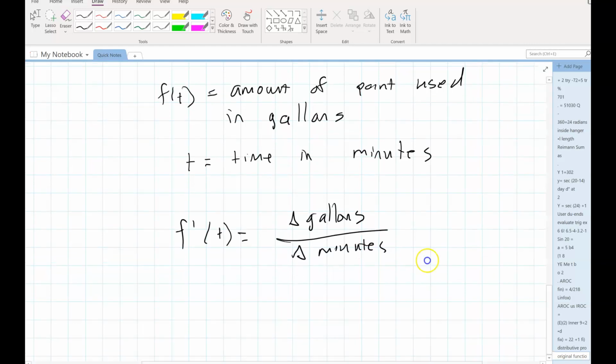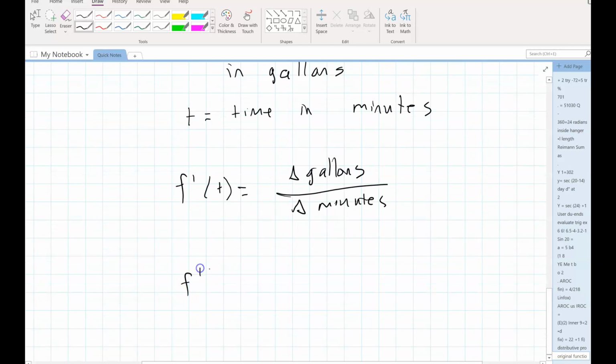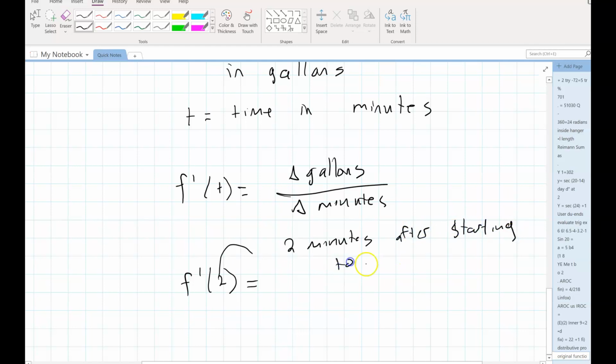So if I was to say f prime of 2, what would that mean? That would mean the rate at which the gallons are being used 2 minutes into the painting. So the 2 represents 2 minutes after starting to paint.